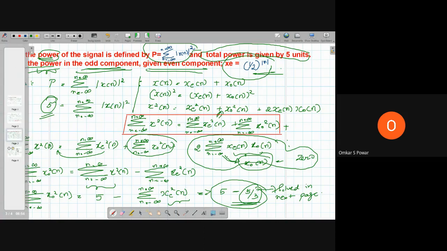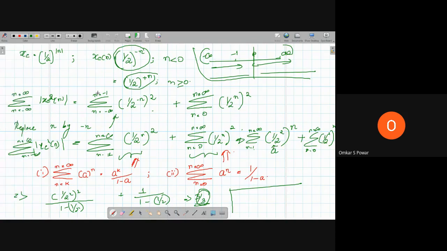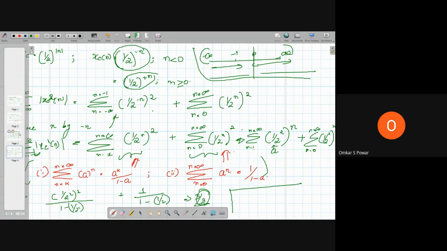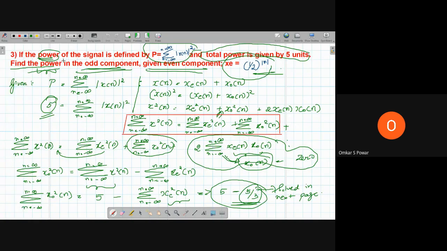So we have solved accordingly. Whatever they have given, we have replaced n by minus n, taken the summation and expressed it in terms of this formula. This is the standard procedure to solve this kind of problem. Solve more of these problems to get a better idea.